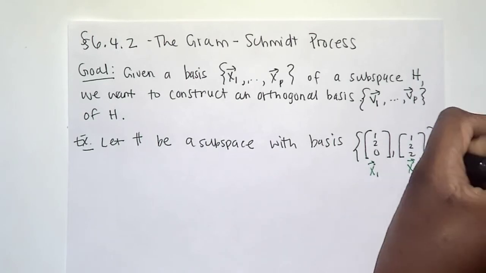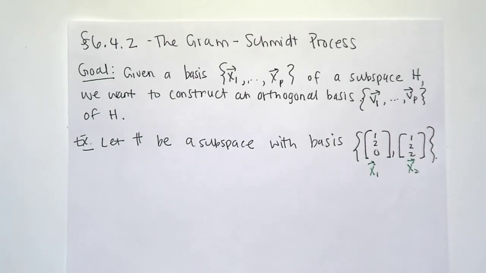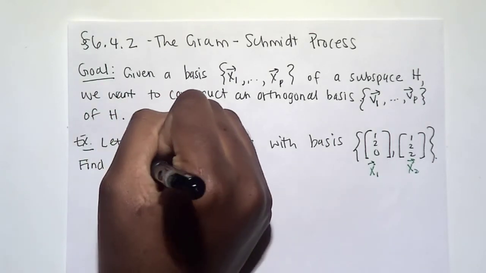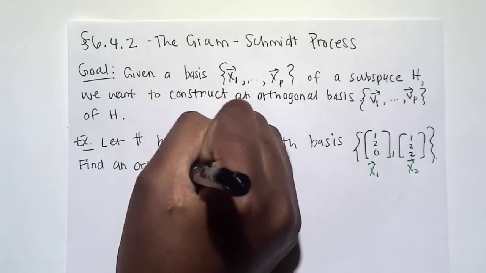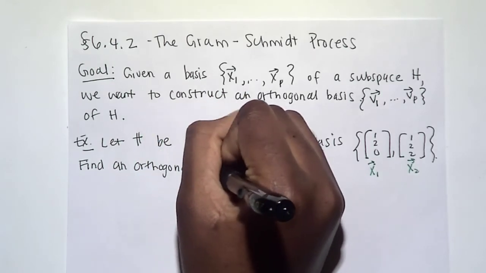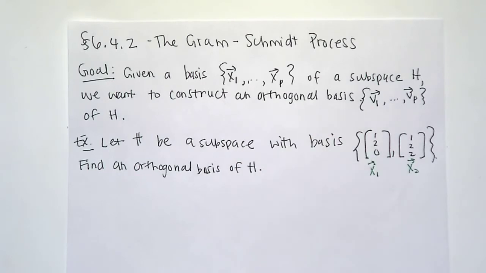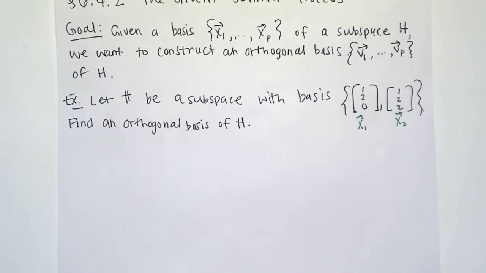So we have a subspace H, we have a basis, and what we want to do is find an orthogonal basis of H. All right, so before we actually go through this example, let's get a look at the idea of what's happening, and then we'll actually do the work.